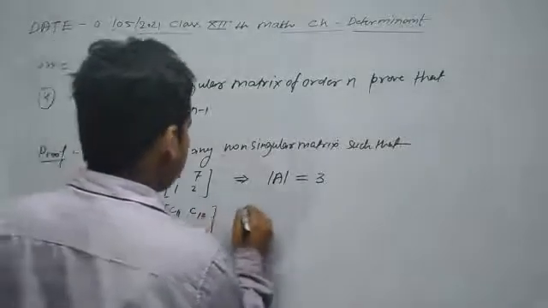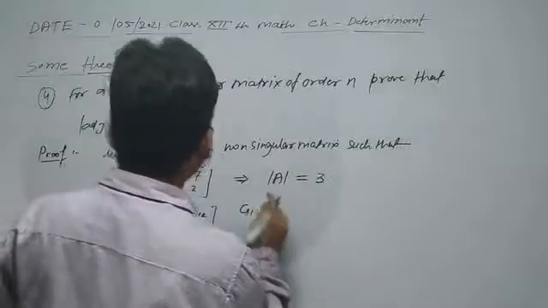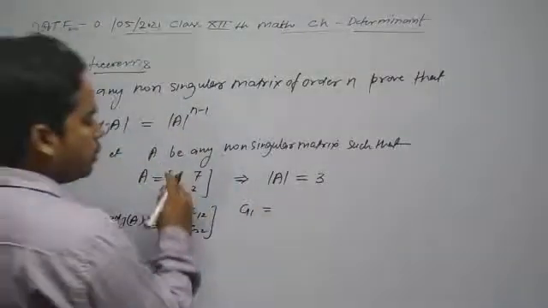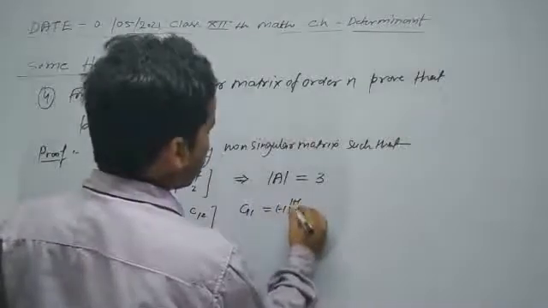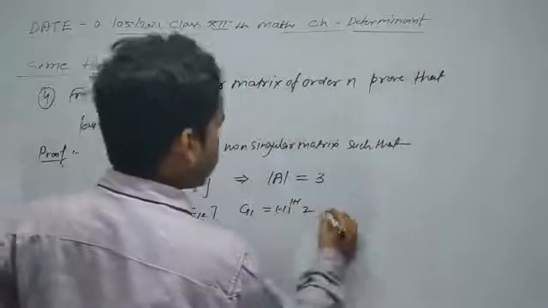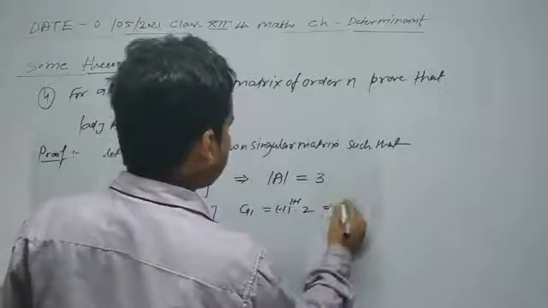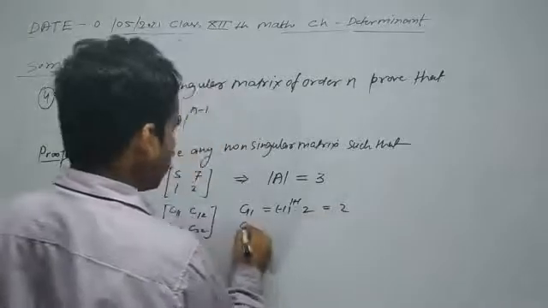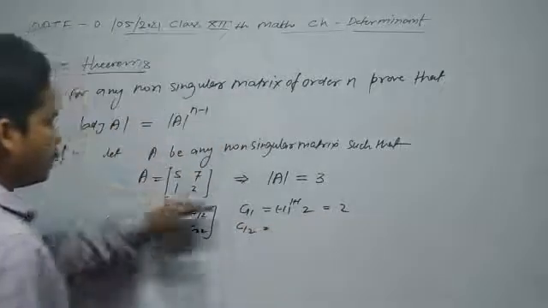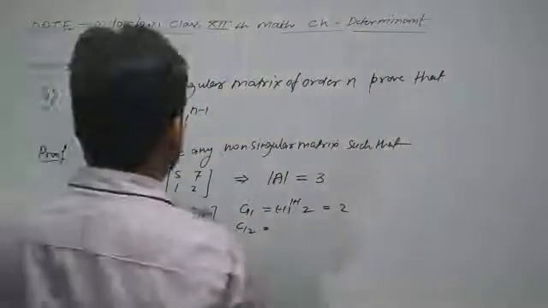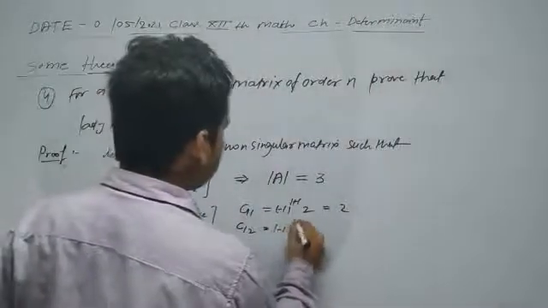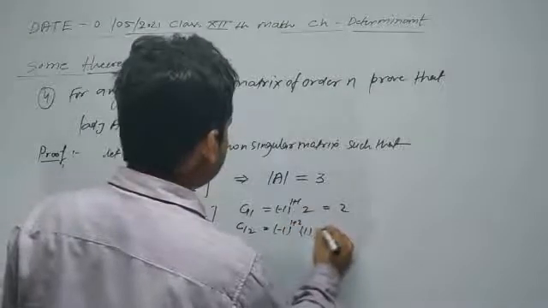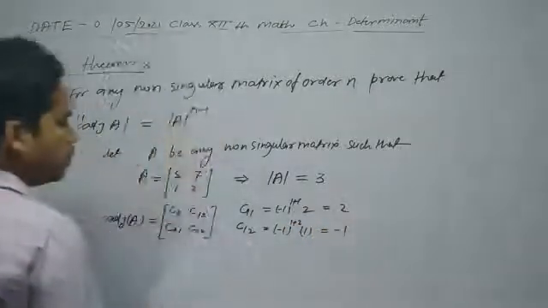C11 is equal to minus 1 to the power 1 plus 1; delete first row, first column, that is 2. Its result is 2. C12: delete first row, second column, that is 1, with minus 1 to the power 1 plus 2. The result is minus 1.